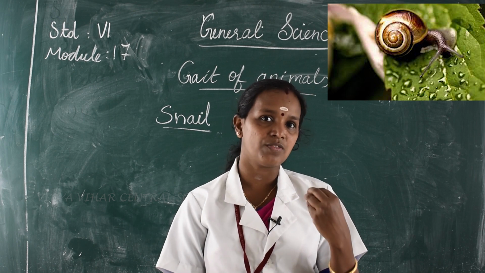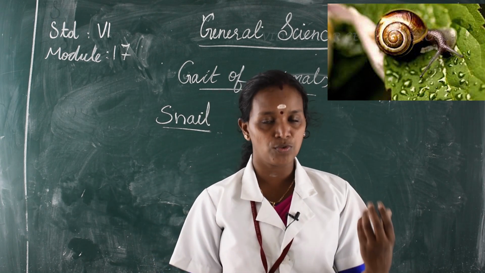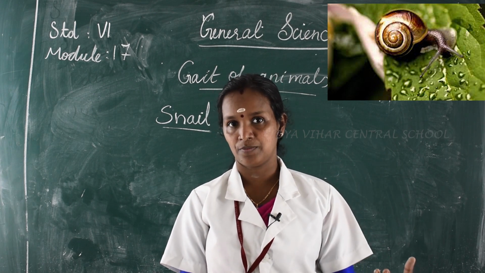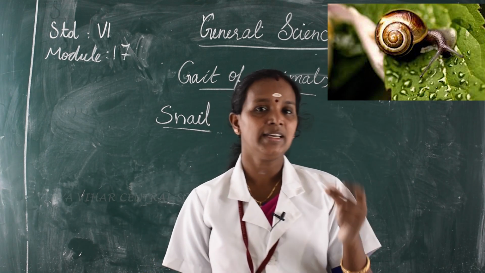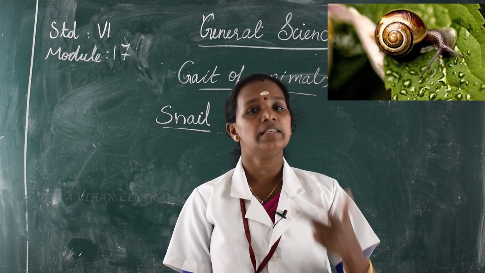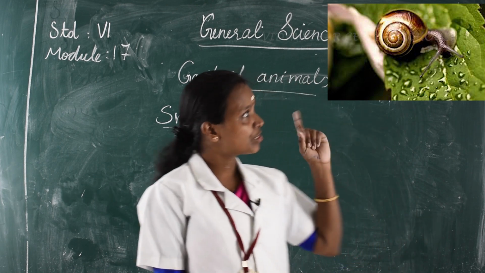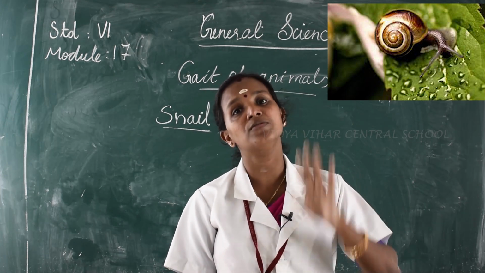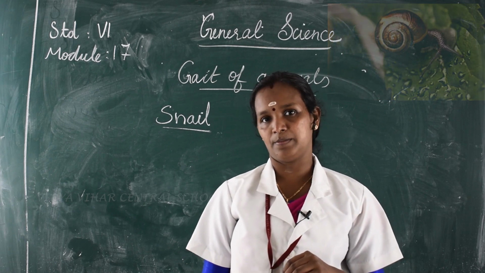By the wavy action of these tough muscles of the foot, the snail can move from one place to another. And this shell does not play any role in the movement of the snail. It's only an outer skeleton.